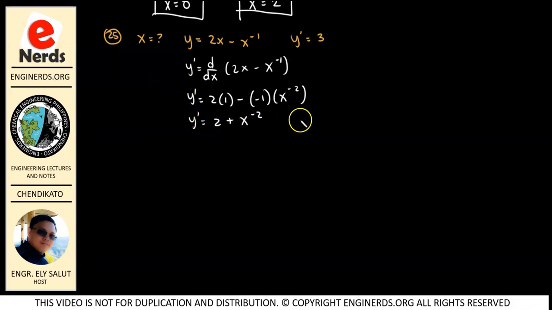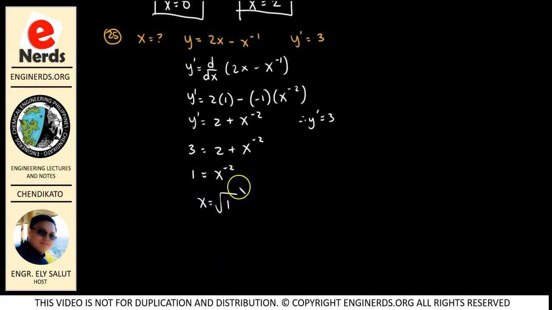So our y prime is equal to 3. So substitute natin yan. So we'll have 3 is equal to 2 plus x to the negative 2. So we have 3 minus 2 will be 1 equal to x to the negative 2. Well, if you calculate for this one, you will learn that this is equal to the square root of 1.